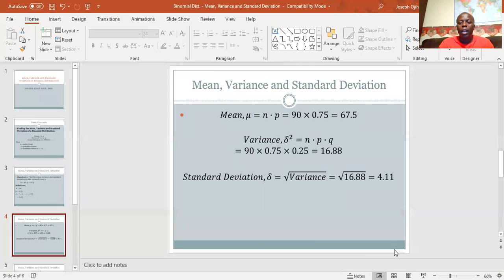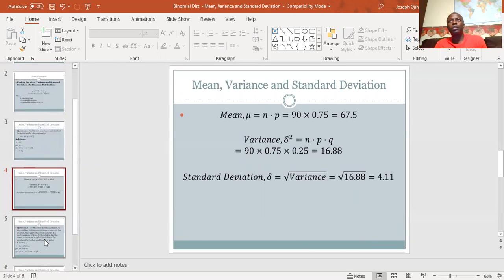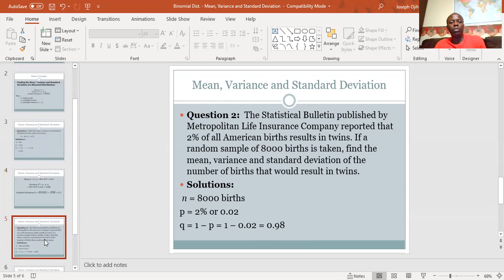Okay, I hope you're enjoying it. Now, I believe that theory is practice. Let us see how we can apply this to a real-life situation. Let's do one example. It says here, the statistical bulletin published by the Metropolitan Life Insurance Company reported that 2% of all American pets result in twins.